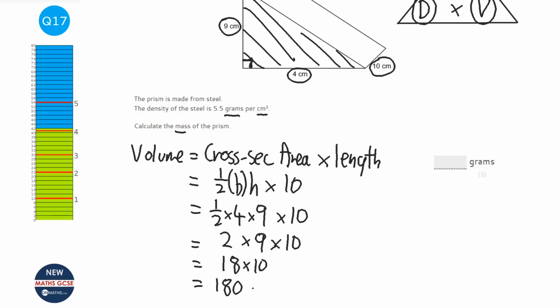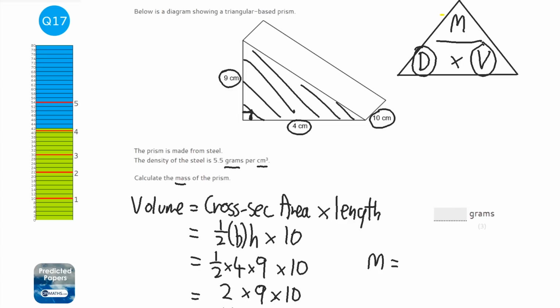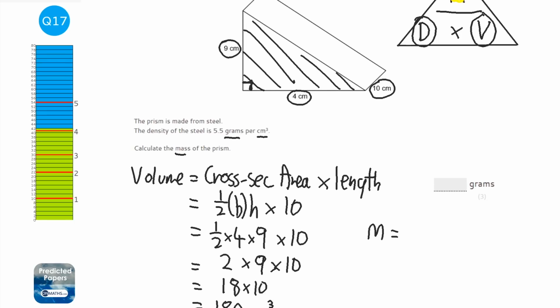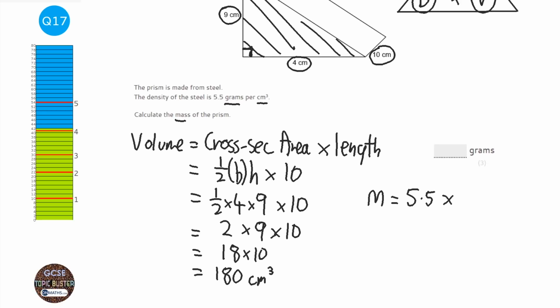Okay, so that is in centimeters cubed, because every unit is in centimeters, and make sure you check that. So the volume is 180, so to work out the mass, if I cover up the mass in the diagram, it says to work out the mass I do density times volume. So it gives me the density in the question, which is 5.5, and I'm going to times that by 180.